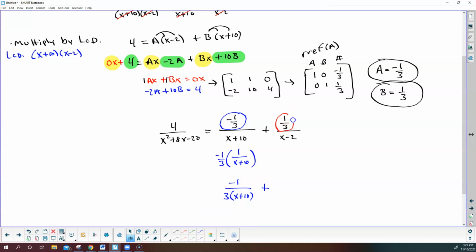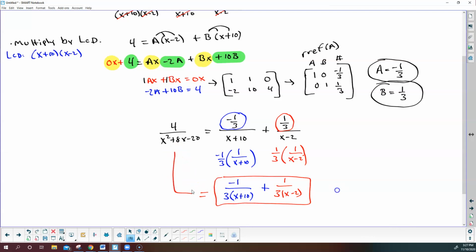This 1/3 is being multiplied by 1 over x minus 2, and then multiply straight across. And this is as far as you need to take it to break down this partial fraction, or you could distribute the 3 for both of these and you get the same thing as well. Okay, so just be careful with fractions in the numerator.